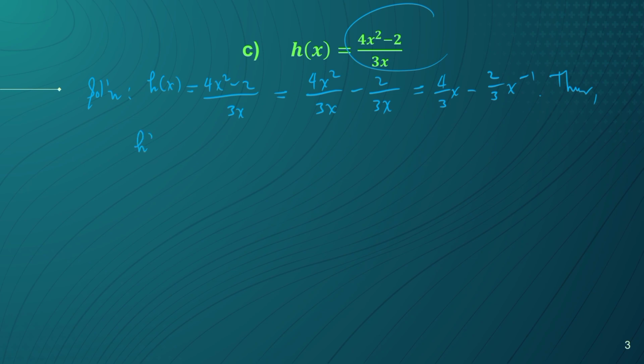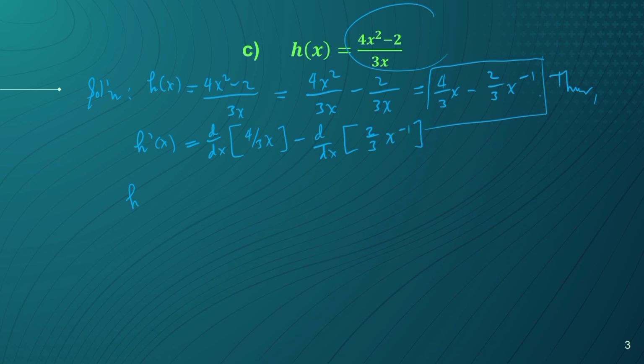So our h prime of x, using this equivalent function expression, is equal to d over dx of 4/3 x minus d over dx of 2/3 x raised to -1.